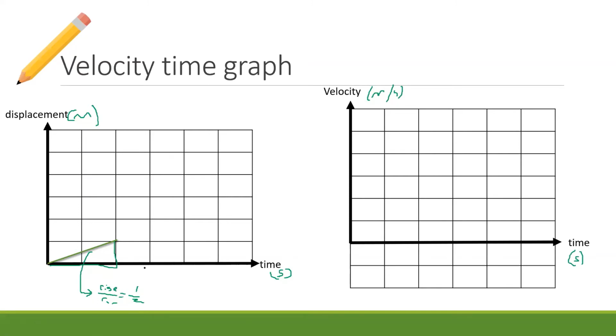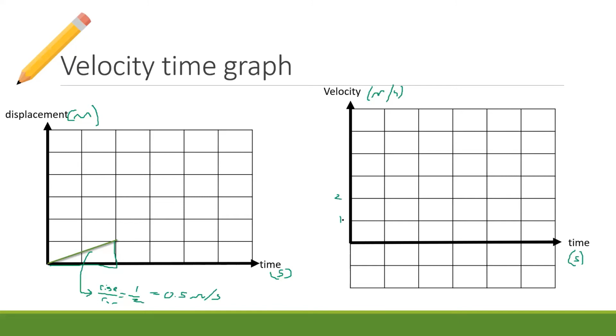So that means we need to put that onto our velocity time graph. It's going a constant 0.5 meters every second. So it's a stable 0.5 meters per second. So how do I draw that on our velocity time graph?